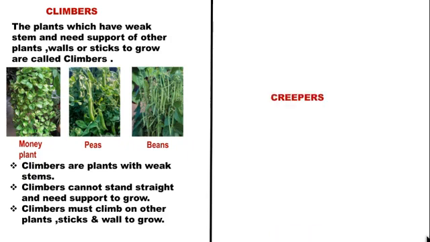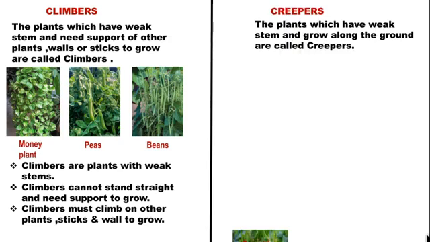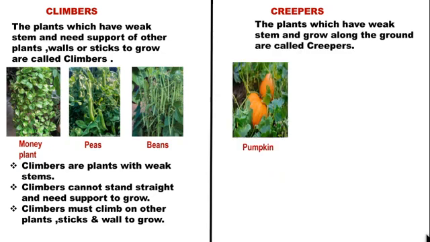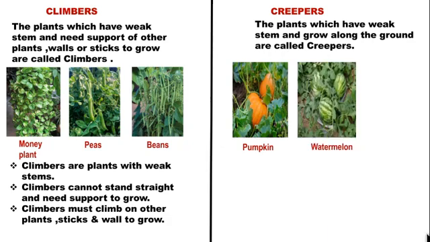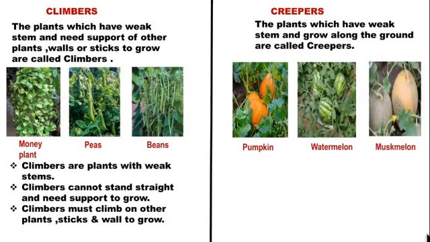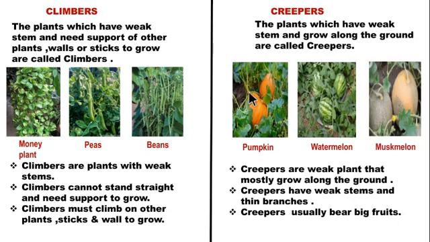So the next type of plants are creepers. What are creepers? The plants which have weak stem and grow along the ground are called creepers. For example, pumpkin, watermelon, muskmelon. So in this picture you can see these type of plants have weak stem and grow along the ground.